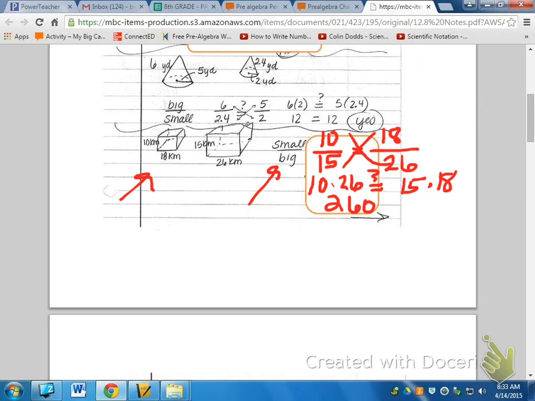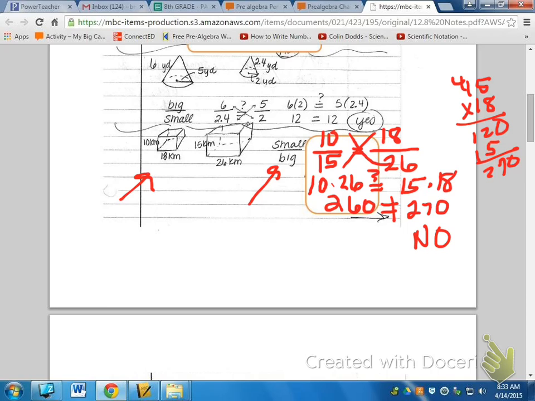And then 15 times 18, if I do that off to the side, 8 times 5 is 40. That's 12. So it looks like 270. And therefore, since those are not equal, what would we write for our answer? Lindsay? No, it's not similar.